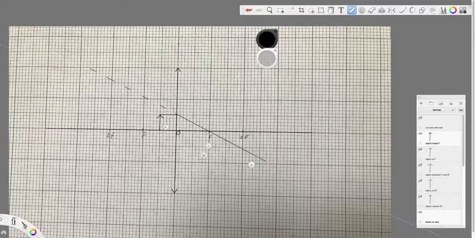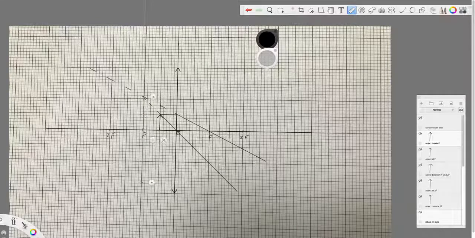And then if we had one which came in through the optical center, now you can see that these rays are now diverging. So there's the ray of light that actually enters and leaves the lens, and it appears to come from there. So now our image appears to be right there.